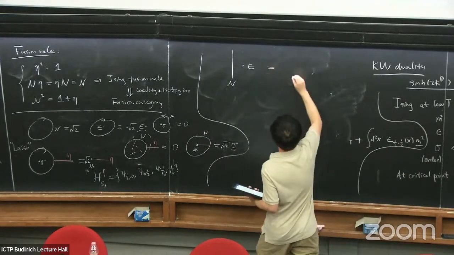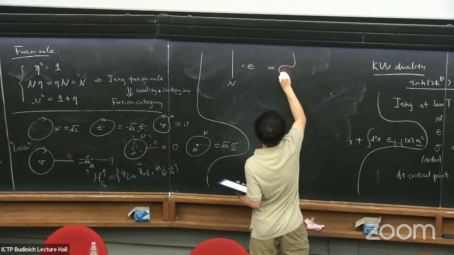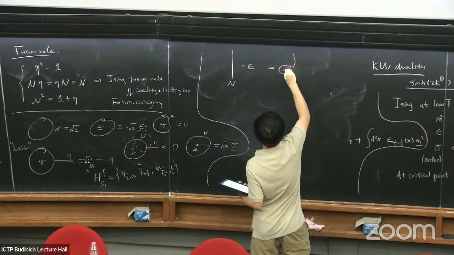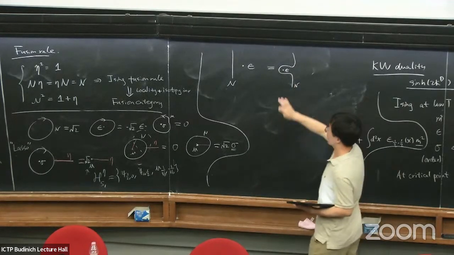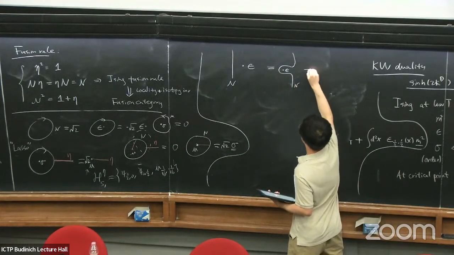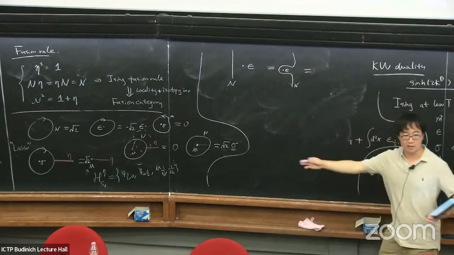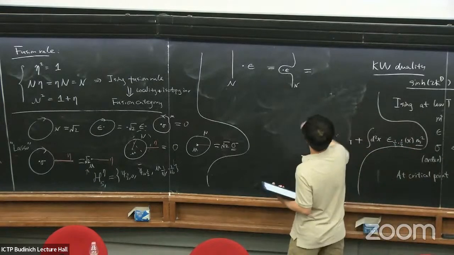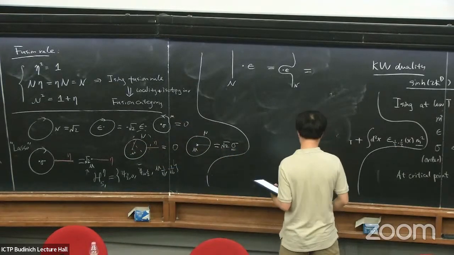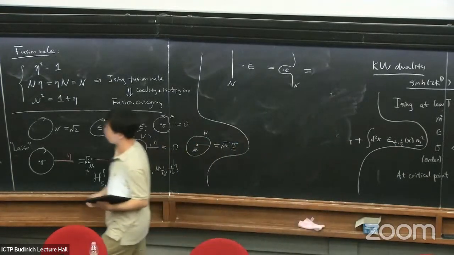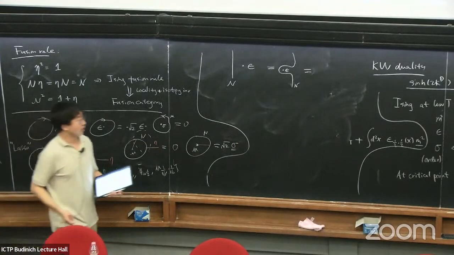And as we have drawn many times, you can deform the duality defect line as a consequence of topology invariance, isotopy invariance. These diagrams produce the same observable when you insert them in correlation functions. But because of this diagram, you apply the fusion rule over here. The fusion rule here is important.